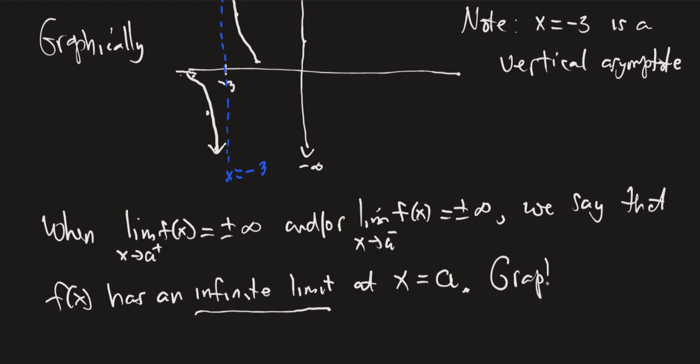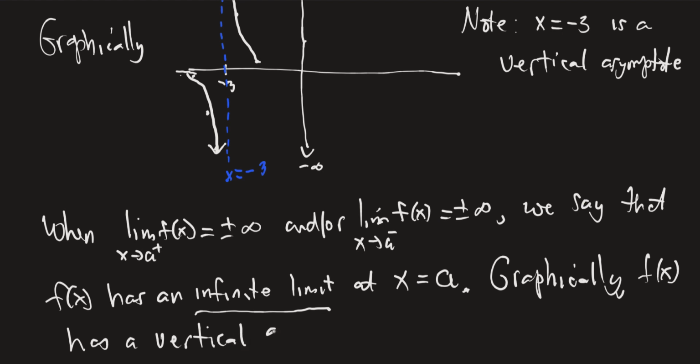So let's write that down. Graphically, f of x has a vertical asymptote at x equals a, right?